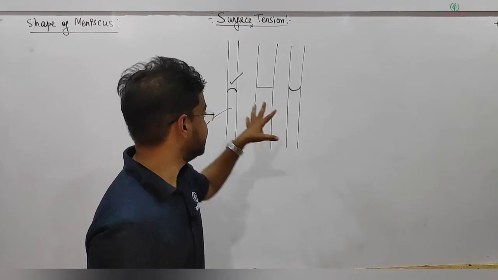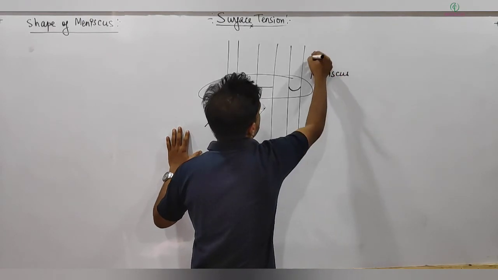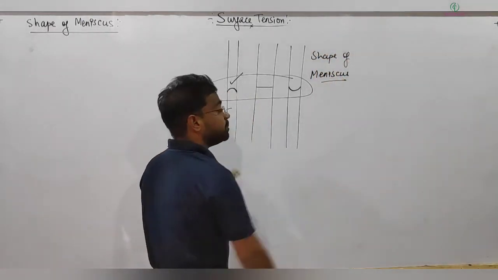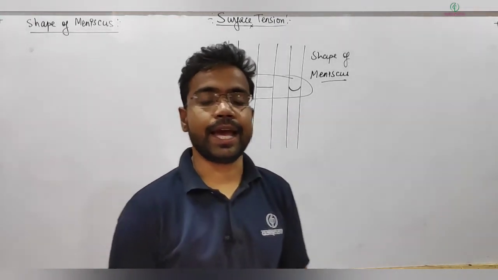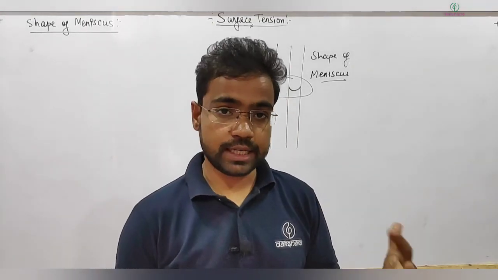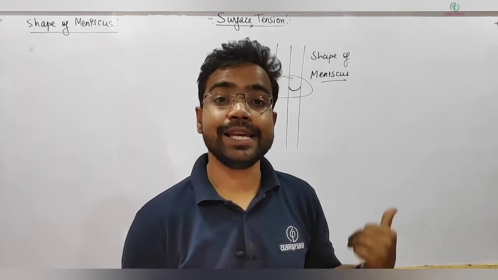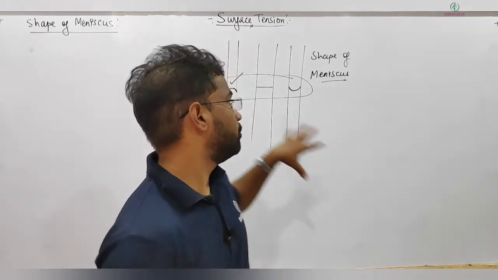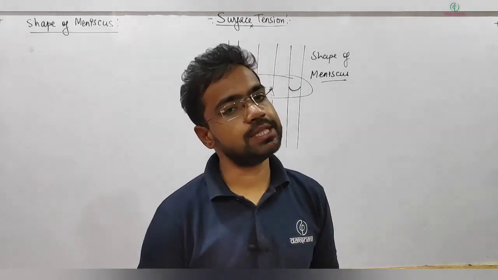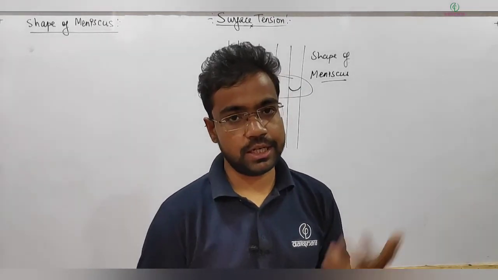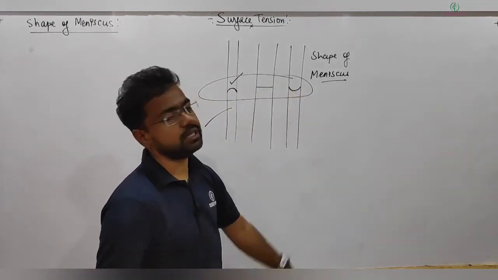This is all called the meniscus, or the shape of the meniscus. We need to understand why this is different in every case, and in which condition the shape will be like this or like that, and exactly on what factors the shape of the meniscus depends. A liquid always acquires the shape of its container, but the top surface, the meniscus, has a different orientation.